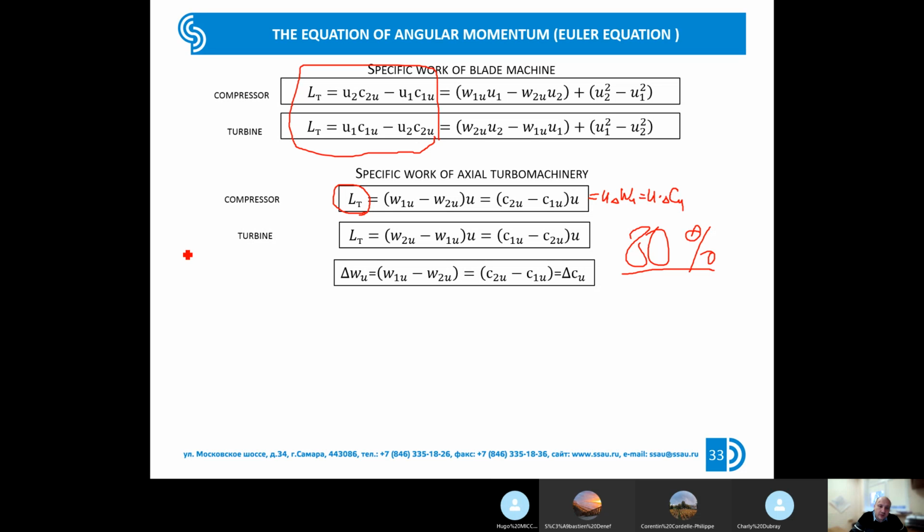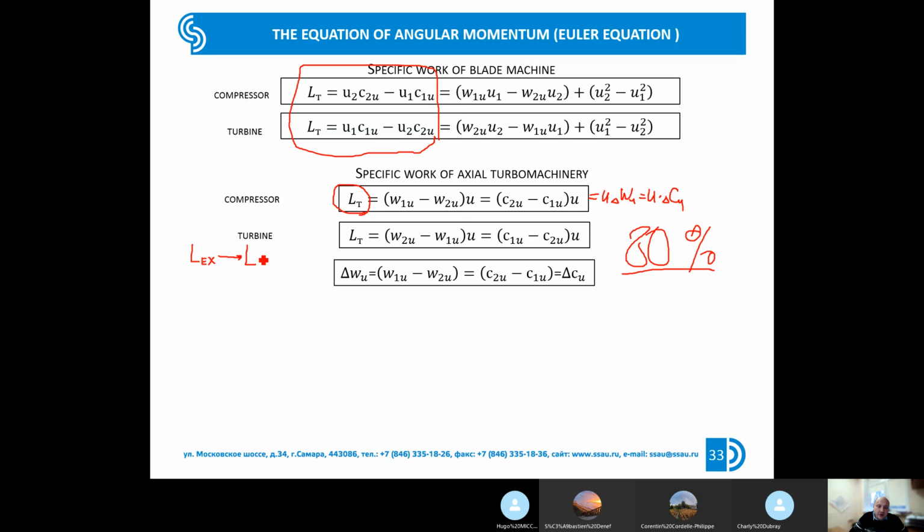Let's make a short brief about the working process of the compressor. How does the compressor operate? You supply some external work from outside to the blades. So you take some energy from the turbine, for example, or from an electrical generator, and you transfer it to the blades.